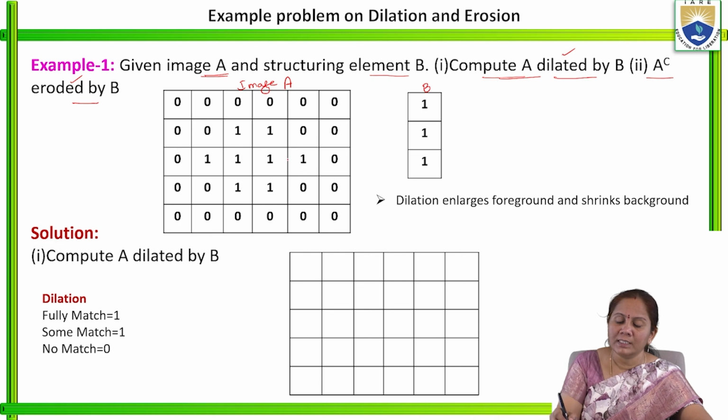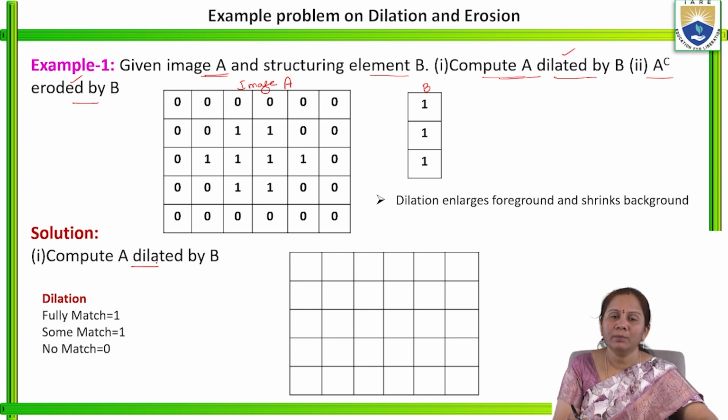Now let us consider this is given A and this is B, and we have to perform A dilation by B. In the previous session we discussed dilation and the conditions that need to be followed. We will see what a full match is while solving this example. If there is a full match, we represent the pixel value as 1.